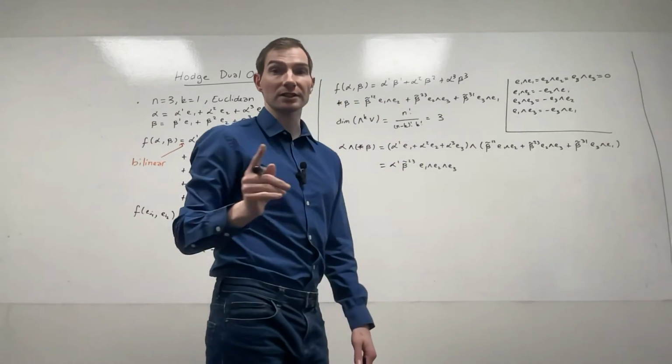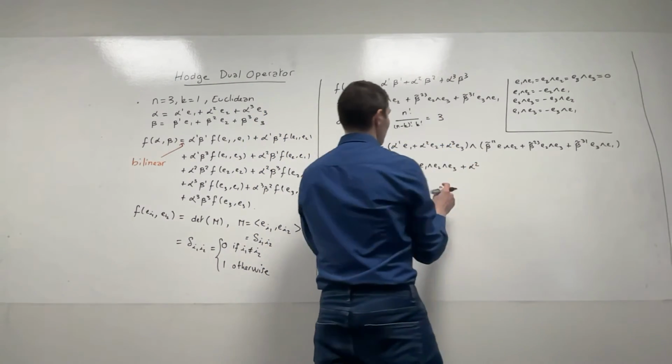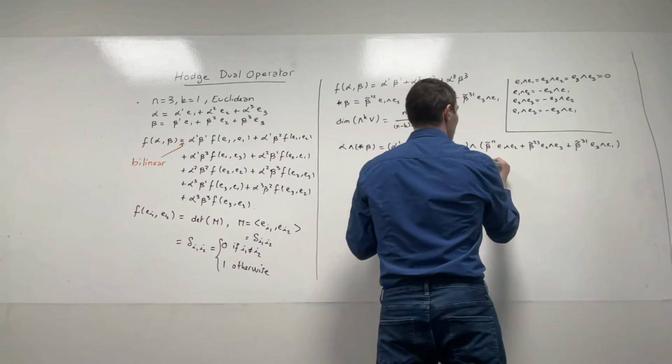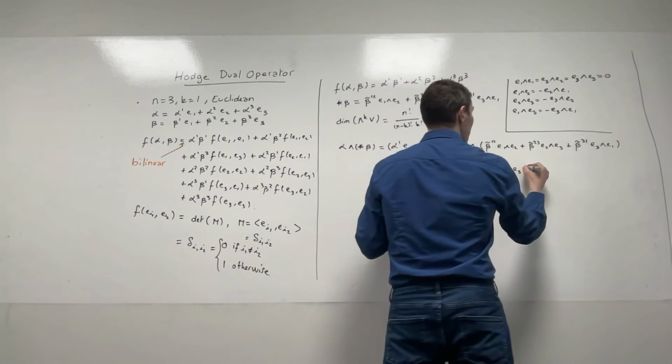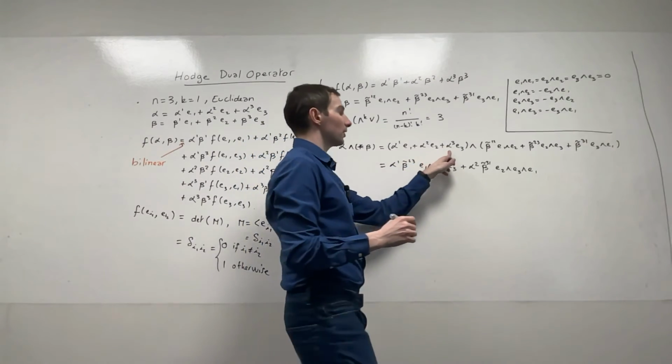That's the first non-zero term, and the only one that is non-zero there. Then plus alpha 2 e2, so that's then plus beta tilde 3 1, and then I've got e2 wedge e3 wedge e1. And then I've got alpha 3.